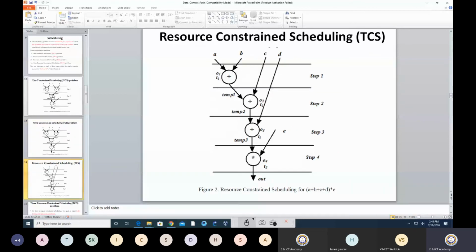Now there may be a possibility that I can go for a resource constraint. In a resource constraint, I am considering one resource at a time.